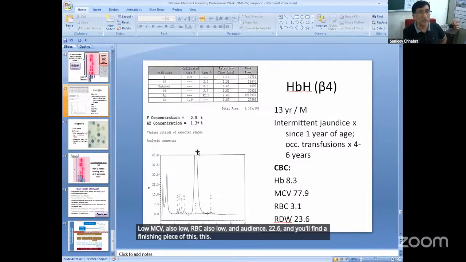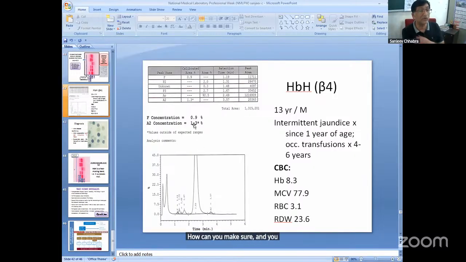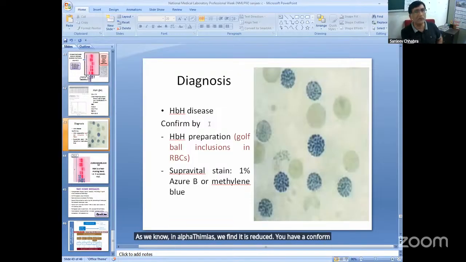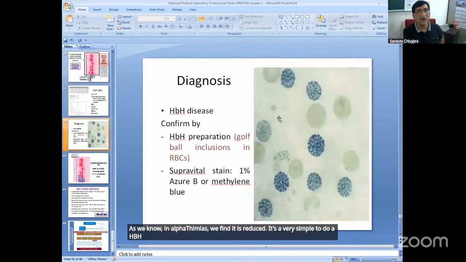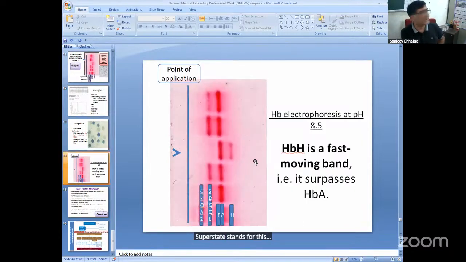How can you make sure? And you find A2 1.3, which is below 2. As we know, in alpha thalassemias, you find A2 is reduced. How to confirm? It's very simple to do an HbH preparation. You find golf-ball-like inclusions and we do a supravital stain for this. And on electrophoresis, we find a fast-moving band.